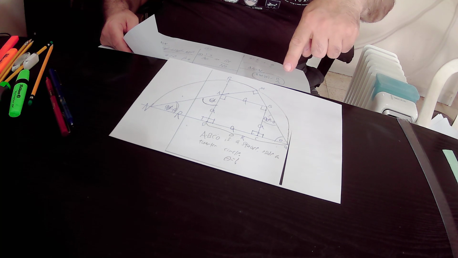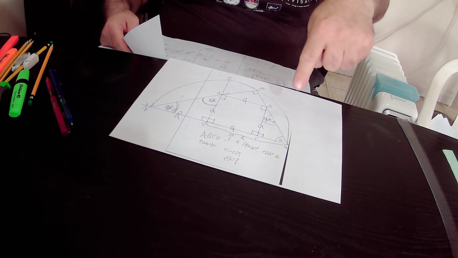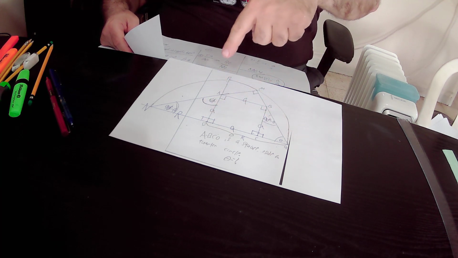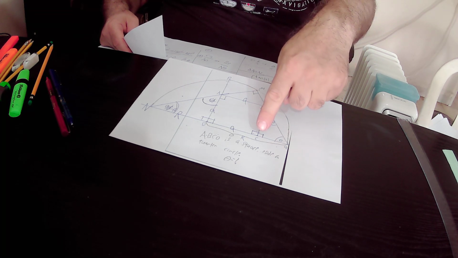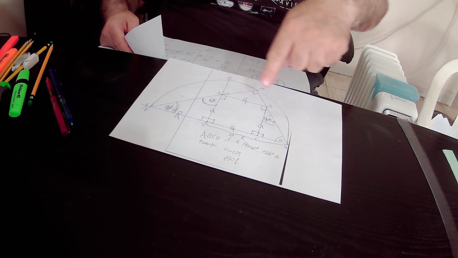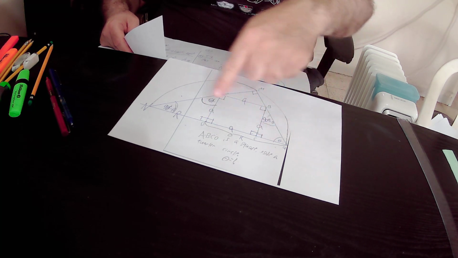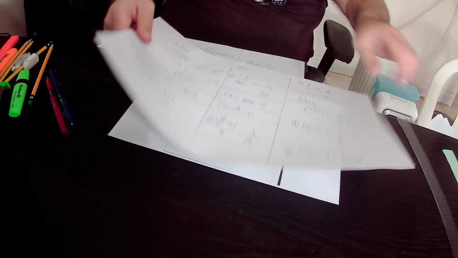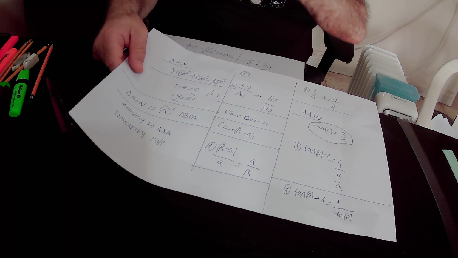Again, CQ over AO equals BC over ON. Okay, here CQ over AO equals BC over ON.